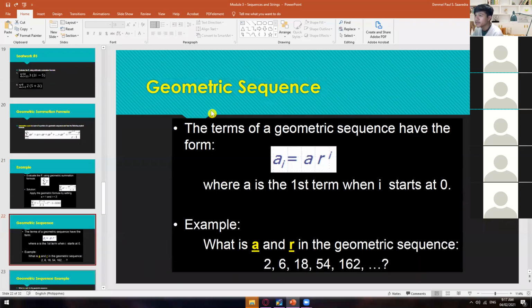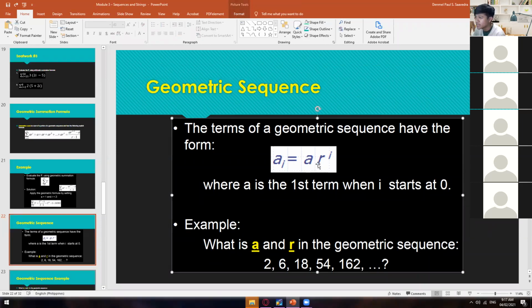All right. So we have this geometric sequence. The terms of a geometric sequence have the form a sub I is equal to a times r raised to I. For summation, we only have a sub I, or sometimes just I. But in geometric, we have this additional, or revised, version actually.